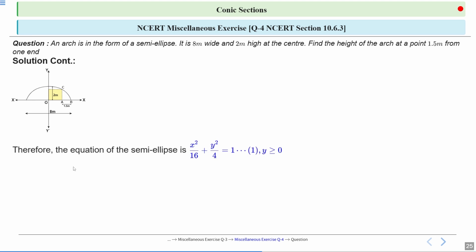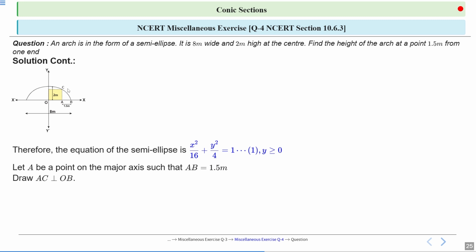Therefore, the equation of the semi-ellipse is x square upon 16 plus y square upon 4 is equal to 1. Okay, and here y is greater than or equal to 0, naming this equation number 1. Now let A be a point on the major axis such that AB is 1.5 meter.